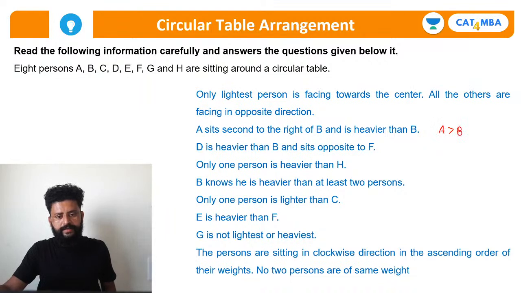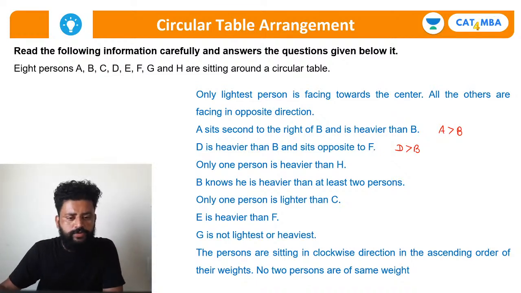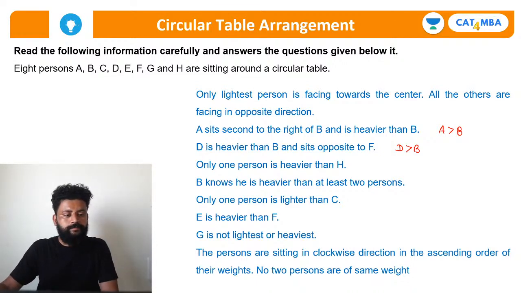D is heavier than B and sits opposite to F. Only one person is heavier than H, which means H is the second heaviest out of 8 persons.